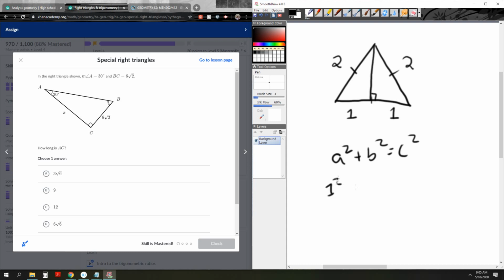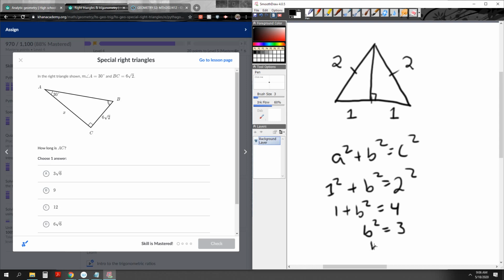So 1 squared plus b squared equals 2 squared, since the hypotenuse is 2. Simplifying, 1 plus b squared equals 4, so b squared must be 3. Simplifying further, b must be the square root of 3. So we know that this is the square root of 3.